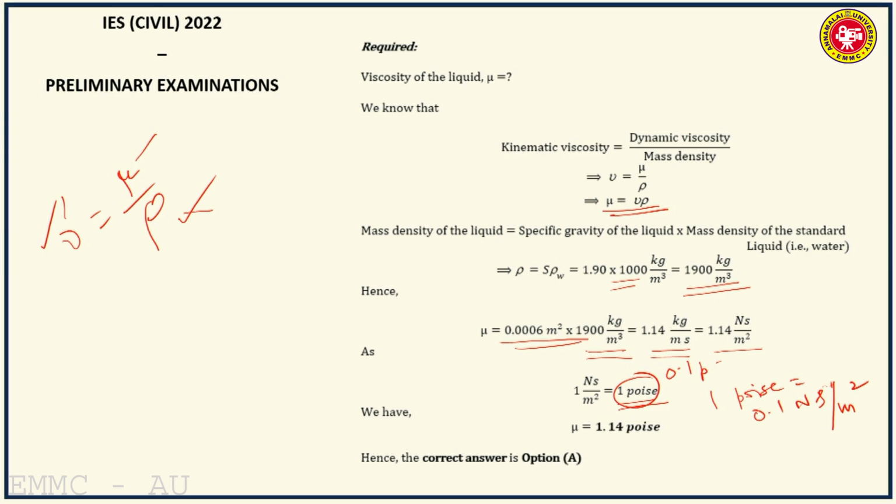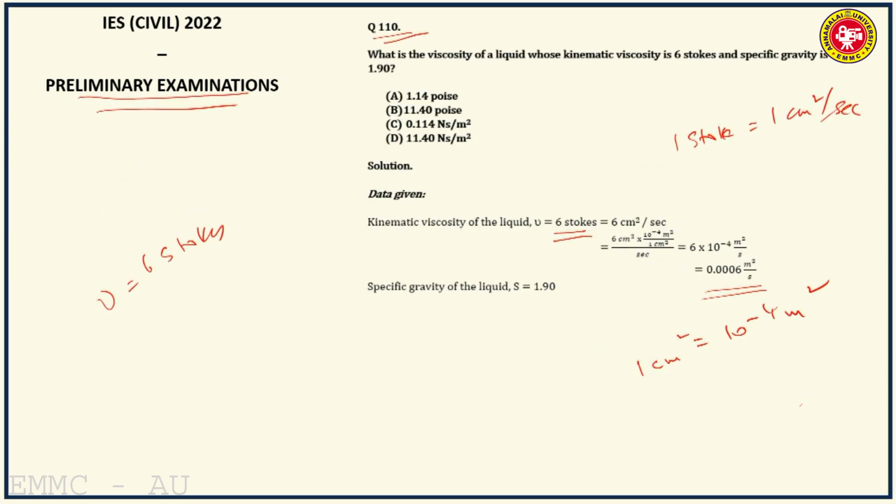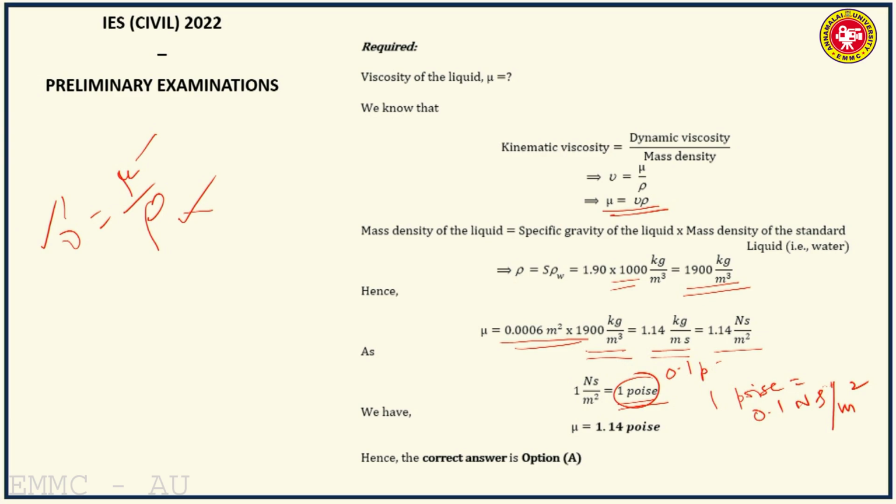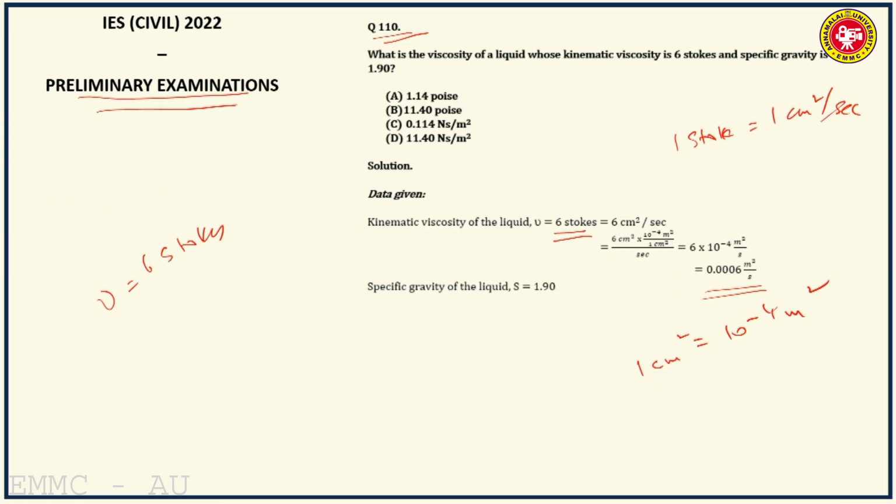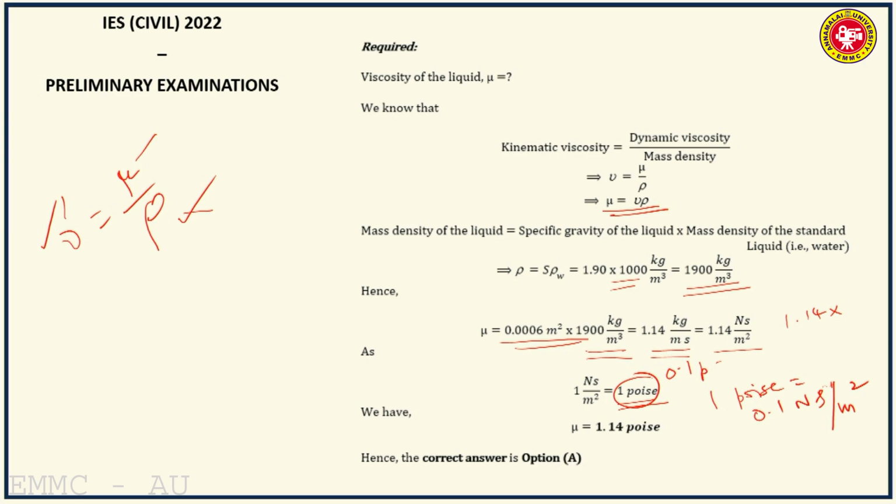Therefore, 1.14 Newton second per meter square will be 1.14 into 1 divided by 0.1.